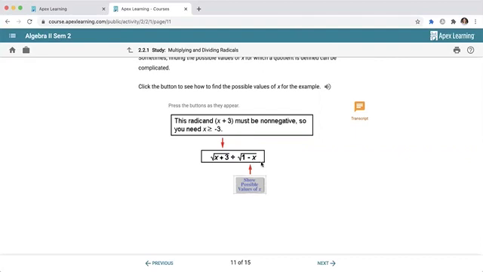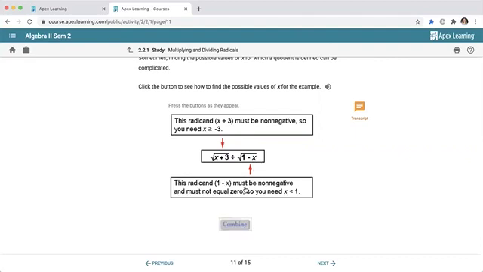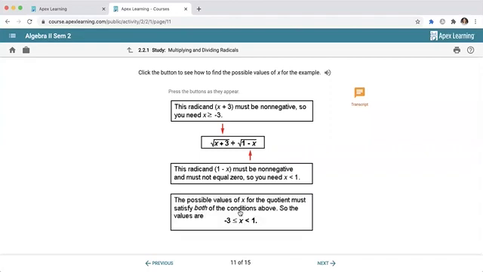So when we look here for possible values of x for our second one, 1 minus x, this can't be 0 because it's our denominator, and it can't be negative. So this one has to be greater than 1. If we were asking where this would work for x, the values are going to be greater than 1.